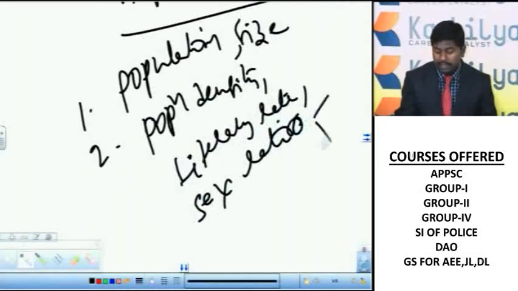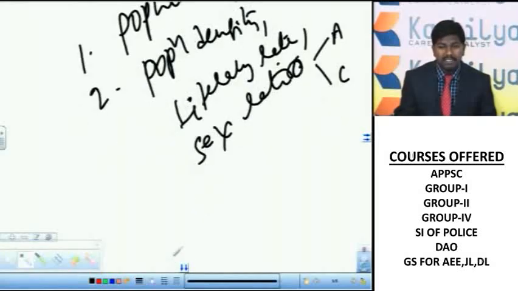In the sex ratio, again adult sex ratio and child sex ratio, the districts with the highest sex ratio, and the districts with the least sex ratio.